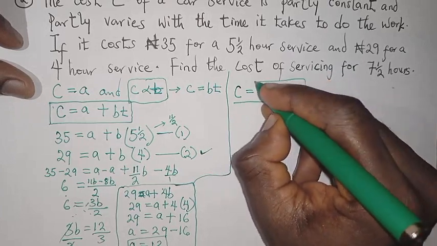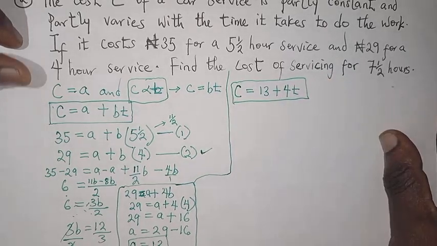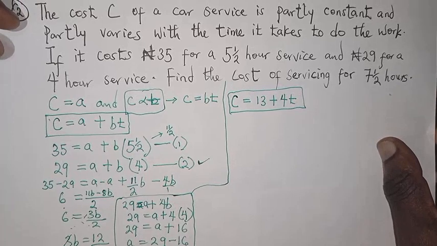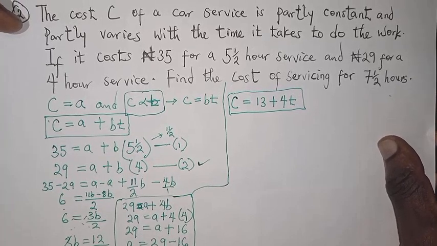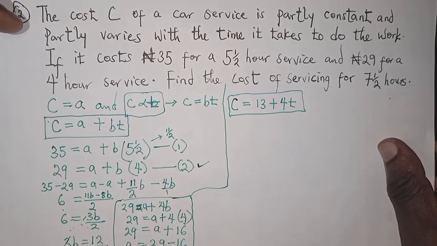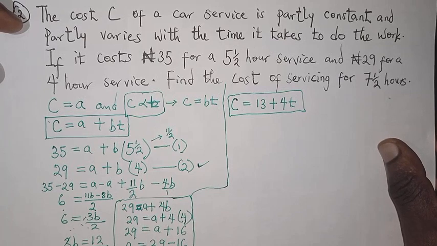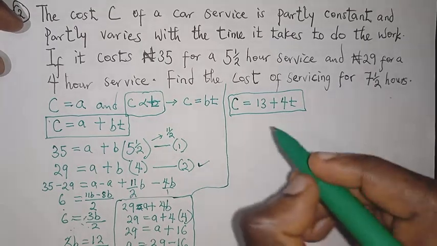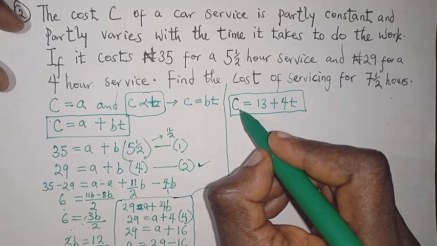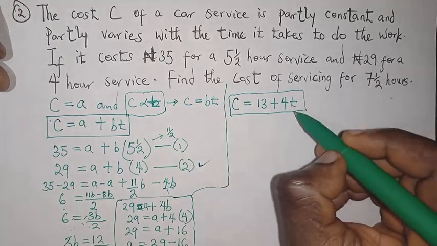This is the relationship of this whole statement we were working on. Now the final part of the question says find the cost of servicing for 7.5 hours. So we're going to be looking for the cost using this relationship.